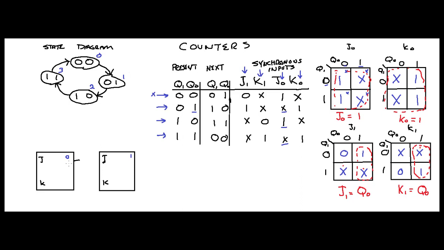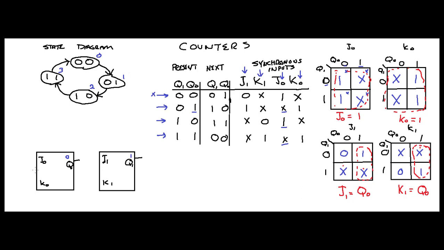This is Q0 here, and this is Q1. I'm not drawing the Q bar because it's not used. We don't use that output. So that's J0, K0, and this is J1 and K1, okay?